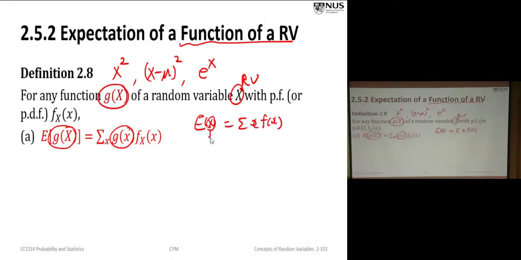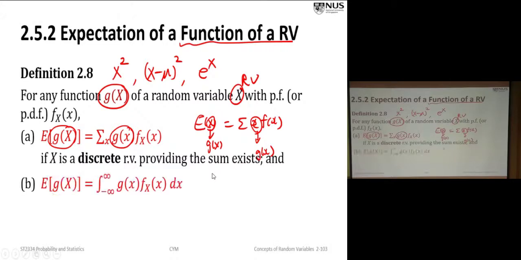If you replace this by g of x, that is how you obtain the expectation of a function of x. For the continuous case, you just do the integration: integrate x f of x dx, and you replace x by g of x.